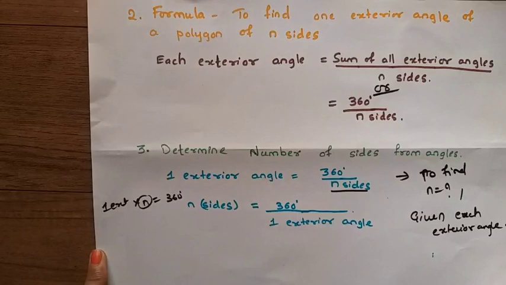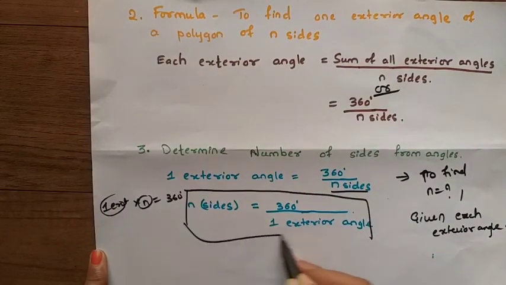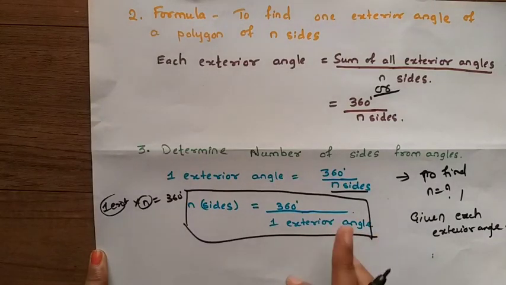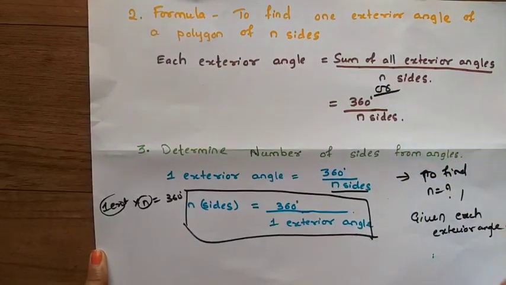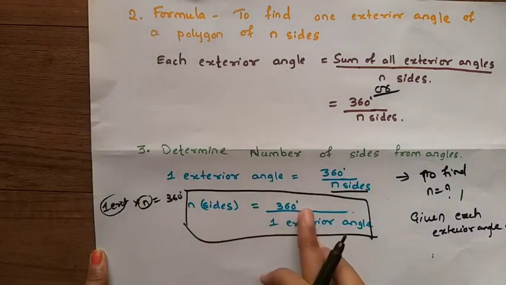We have to find the n value, so keep it as it is and take the exterior angle to the denominator. The final formula is n sides is equal to 360 degrees divided by one exterior angle. This condition is used only when the question gives an exterior angle value and we have to find the n sides.